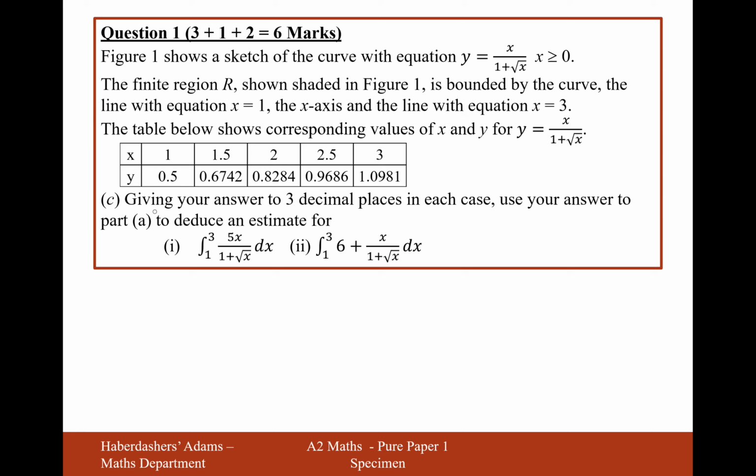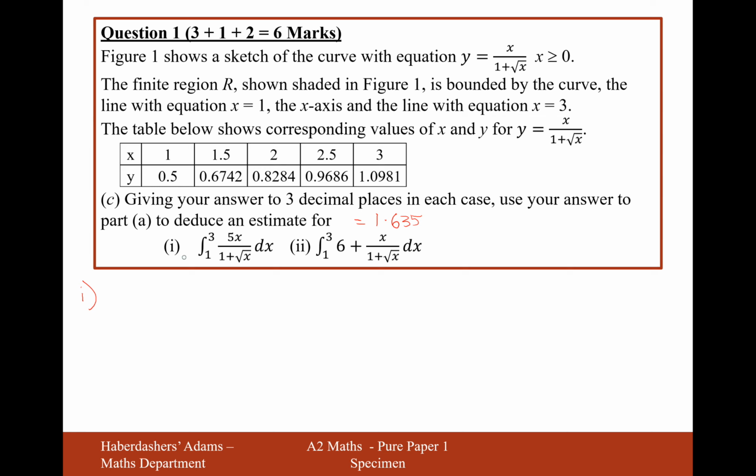And part C, given your answer to 3 decimal places, let me just remind us what our answer was. Our answer was 1.635 to part A. Use your answer to calculate and deduce an estimate for this first expression here. Well, the only difference between this expression here and the one that we've found the area of is that there is a 5 on the top.